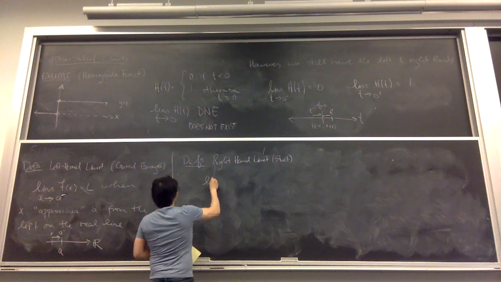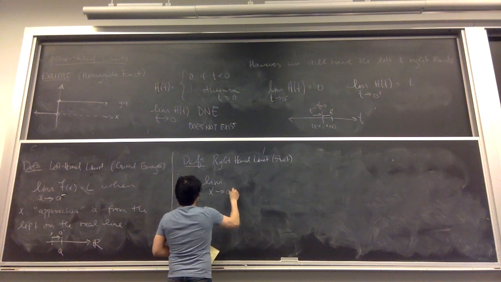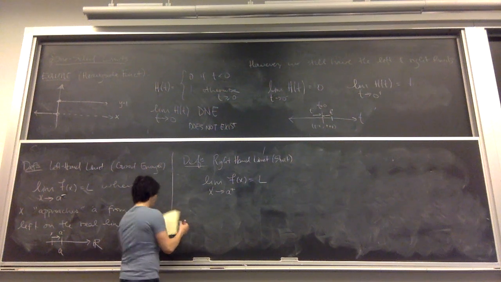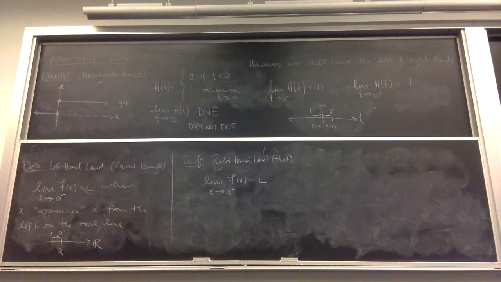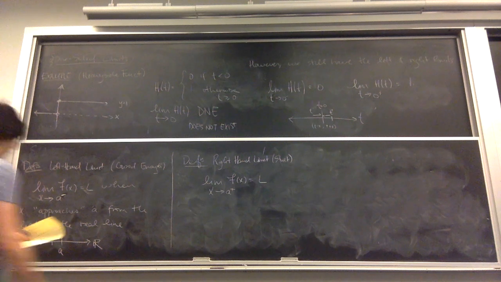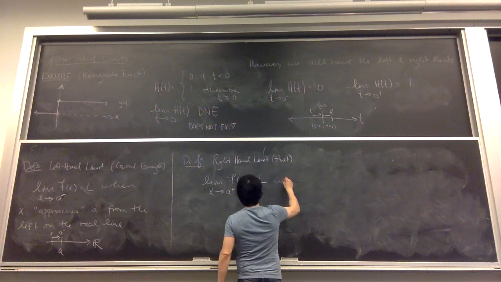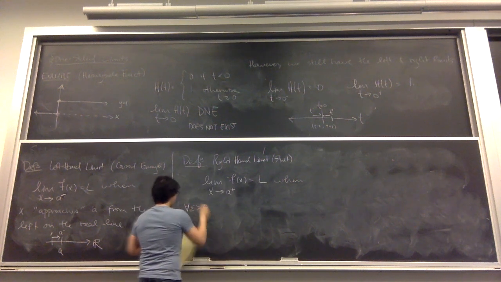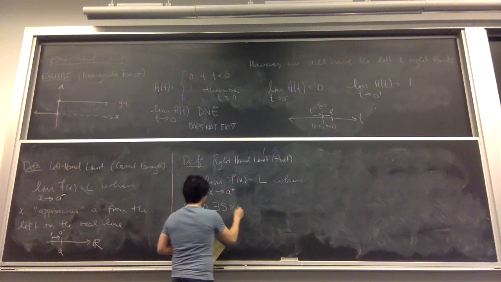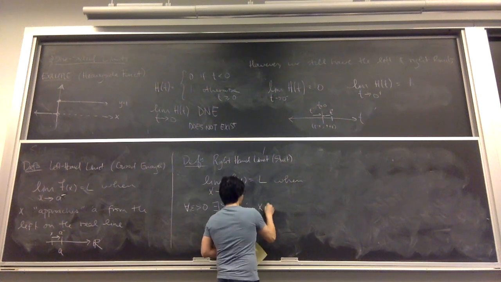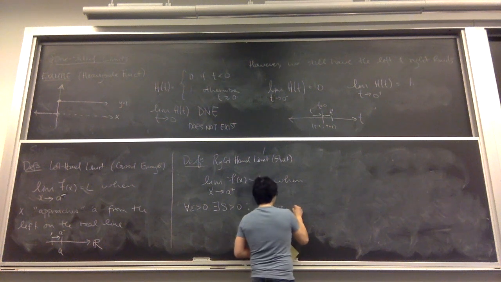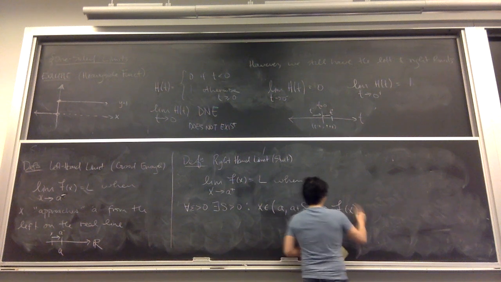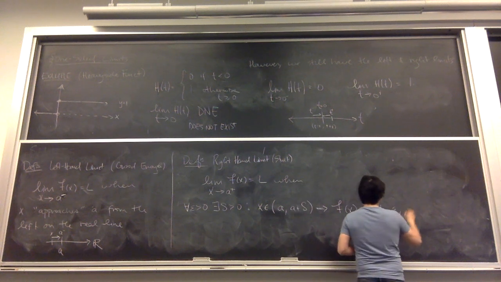So the limit as x approaches a from the right of f of x is equal to L. And I need a different piece of paper. Okay, when, and I'm going to write a real scary statement. When for any tiny epsilon you can find a tiny delta such that if x is restricted to this region, then f of x is restricted to this region.